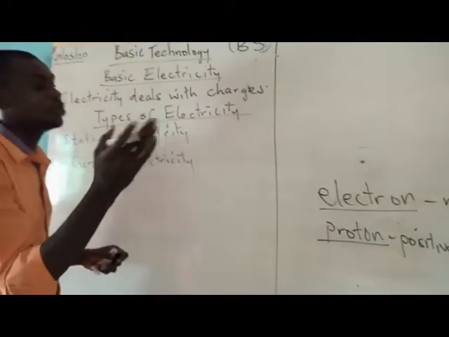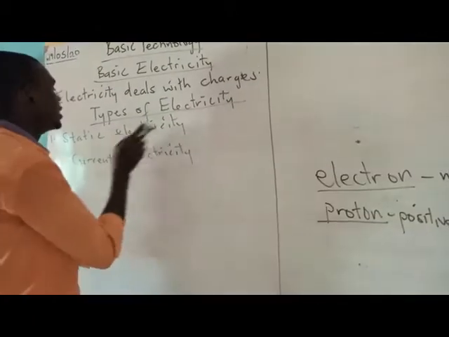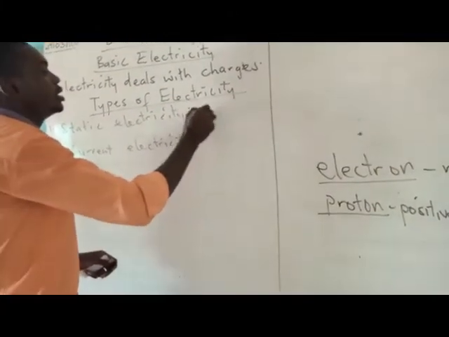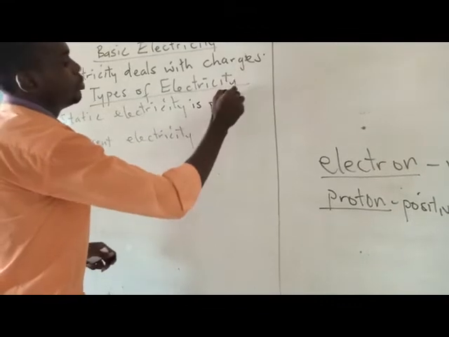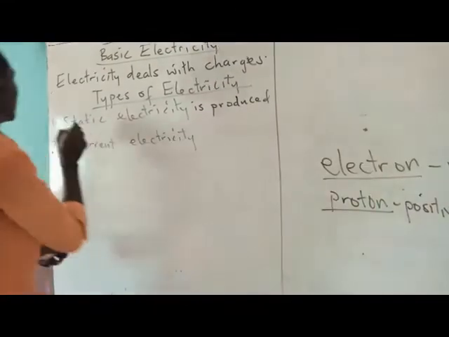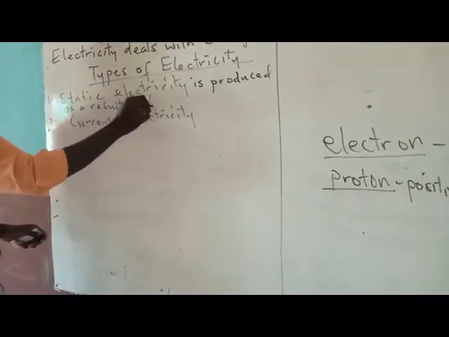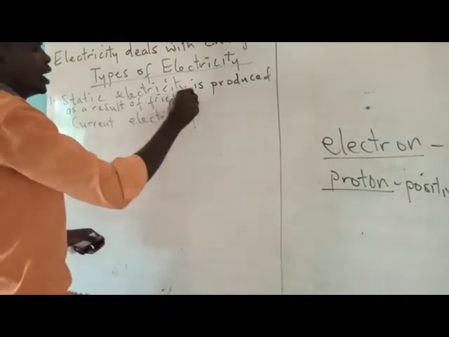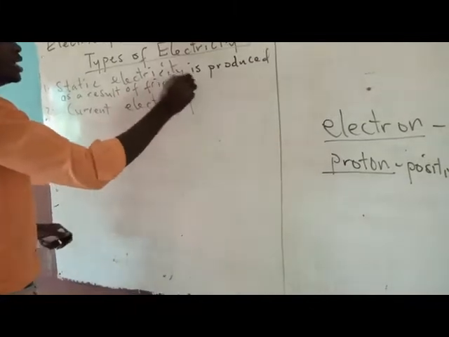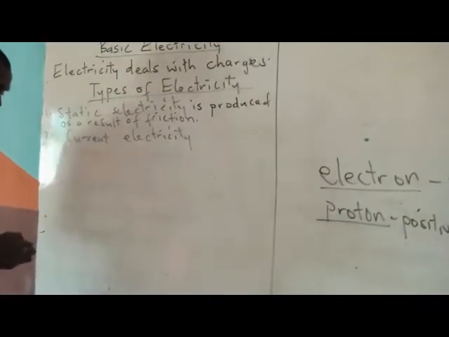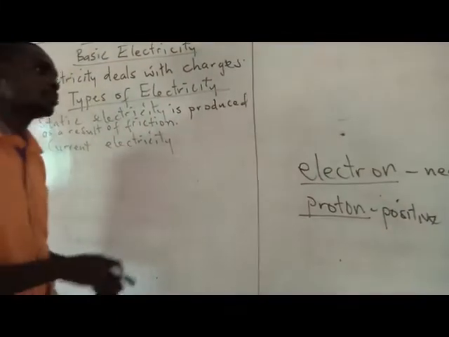And it is generally produced as a result of friction. As I said earlier, it deals with charges that are not moving, charges at a spot.